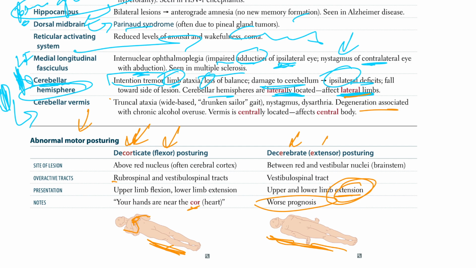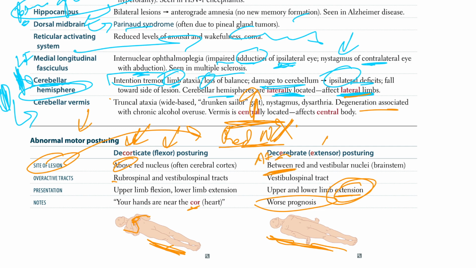One more thing, the lesion. One important thing is, where's the lesion? The red nucleus is the key point here. If anything is above the red nucleus, it says decorticate. Anything at the level of the red nucleus or below, so at or between the red nucleus, meaning at this site, if you have a problem, you're going to have extensor posturing.